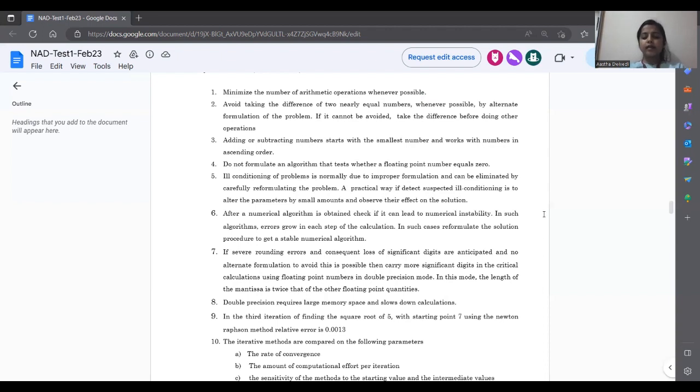A numeric algorithm can indeed lead to numeric instability, where errors grow in each step of calculation. This can be due to a variety of factors, such as ill conditioning of the problem, numeric round off errors, or instability in the algorithm itself. To ensure numeric stability, it is important to carefully analyze the algorithm and its implementation to identify potential sources of instability.